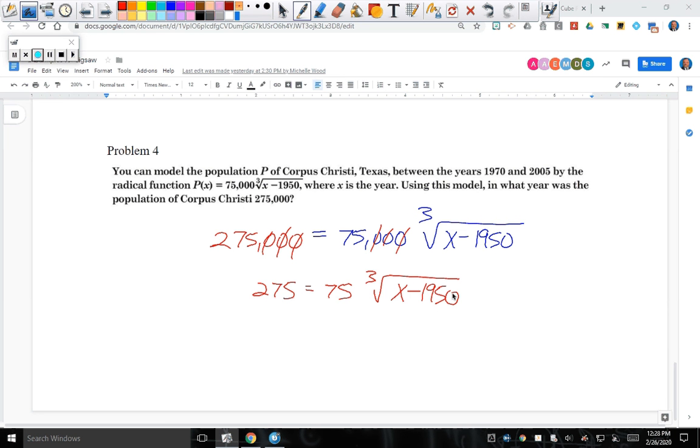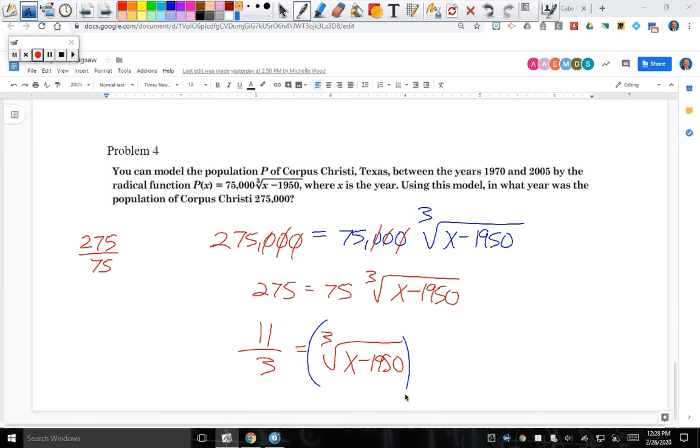You with me? So I'm looking at 275 divided by 75, and you can reduce by, let's say, 25, right? How many 25s fit in the bottom? 3. How many 25s fit up top? 11. So what we have is 11 thirds is the cubed root of x minus 1950. Almost done.